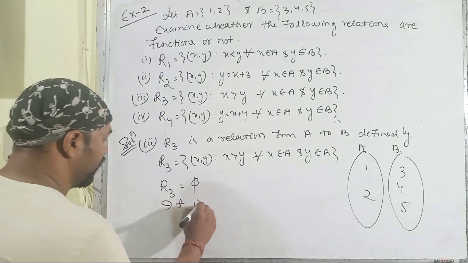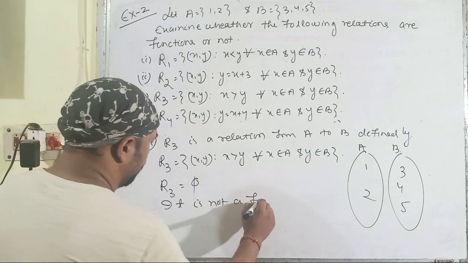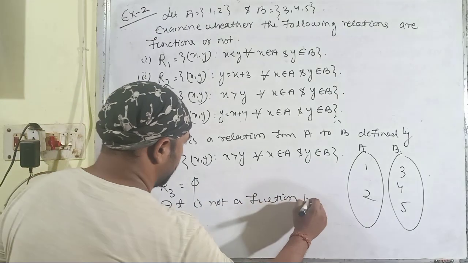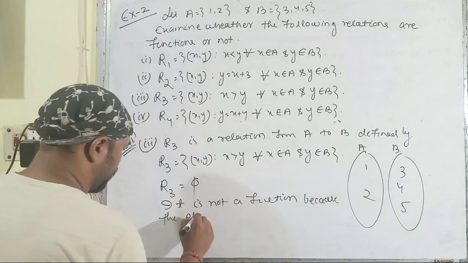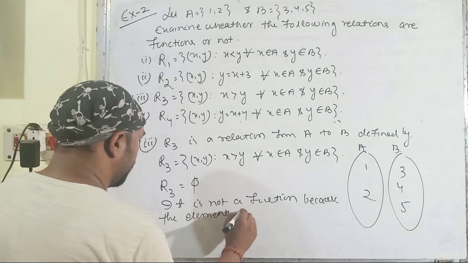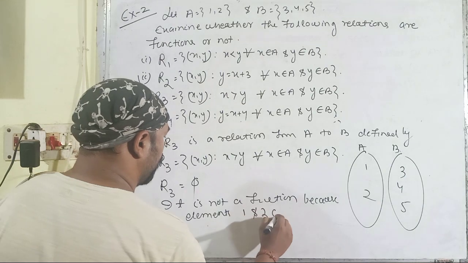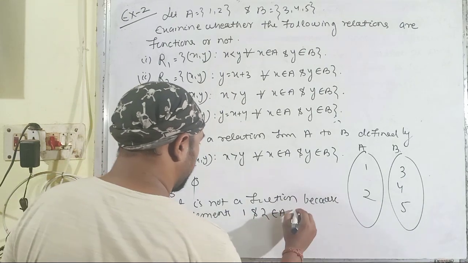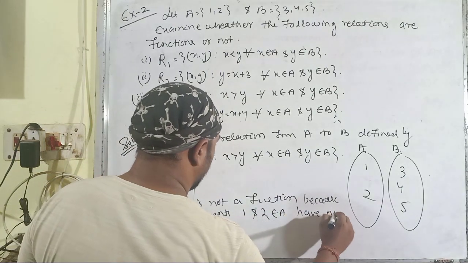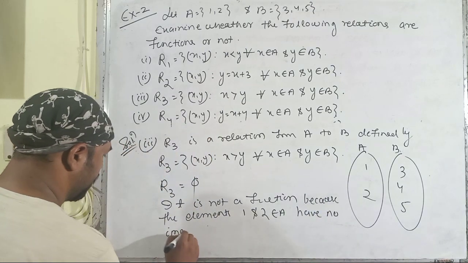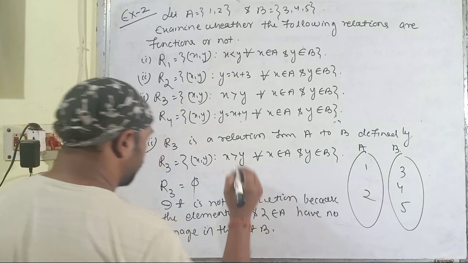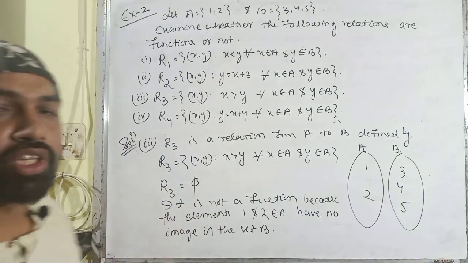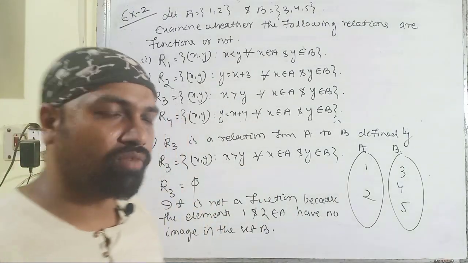It is not a function because the elements 1 and 2 belonging to A have no image in the set B, and this is the justification or the reason why it is not a function.